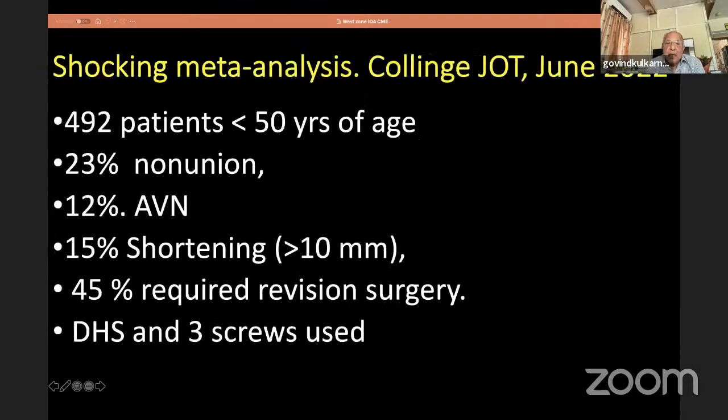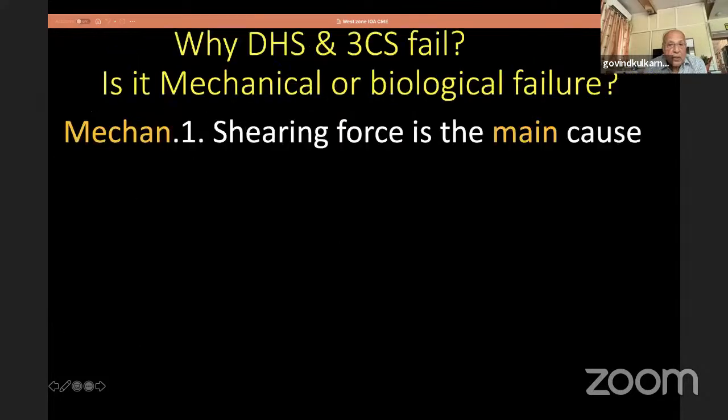There is a shocking meta-analysis by Collins et al. in JOT last month. 492 patients less than 50 years of age were selected. 23% were non-union, 12% were avascular necrosis, 15% had shortening more than 10 millimeters, 45% required revision surgery, and they used DHS and 3 cancellous screws in all these patients.